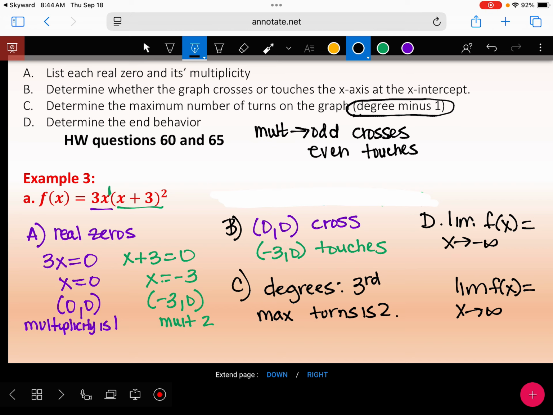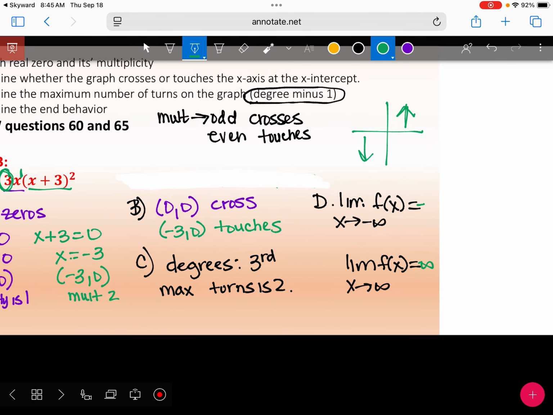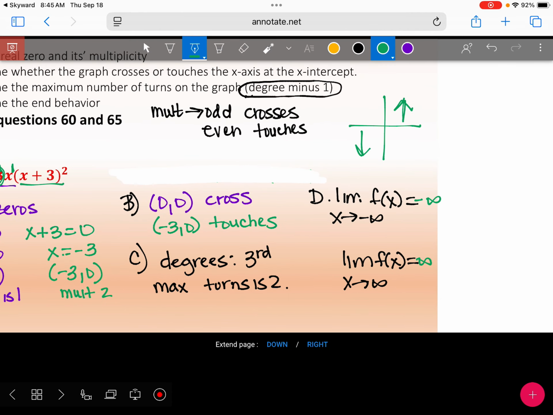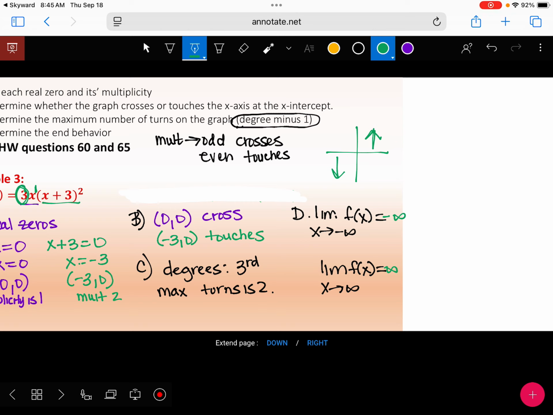Does this have a positive or a negative leading coefficient? This number right here, we all agree is positive. So that means that the right side is going to go up. So this side is going to go up, positive infinity. The other side is going to go down, negative infinity.